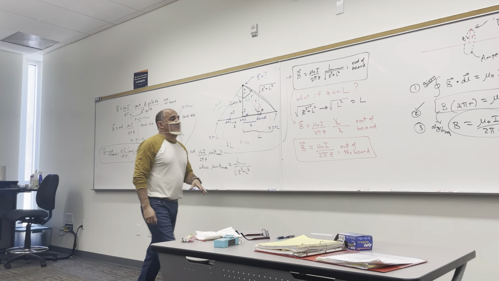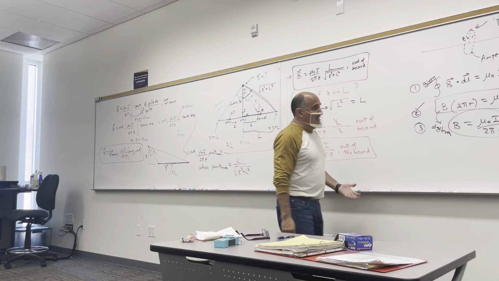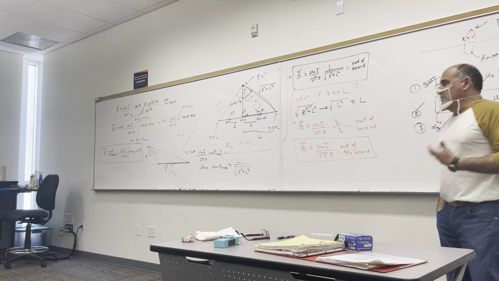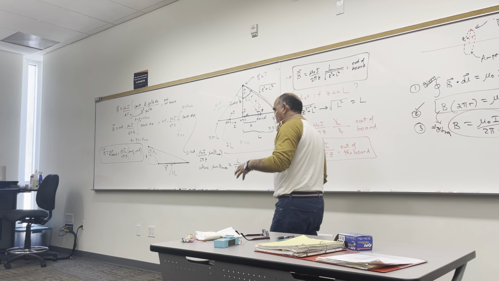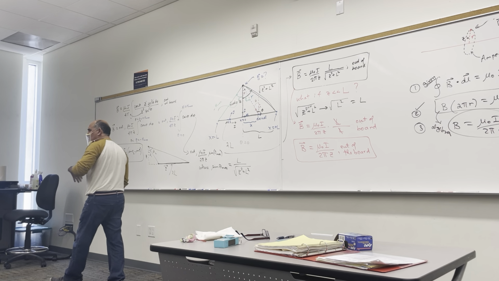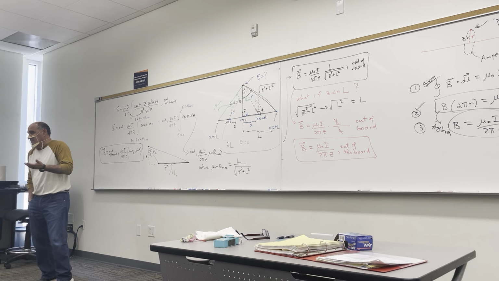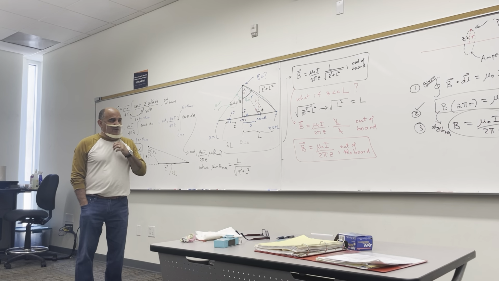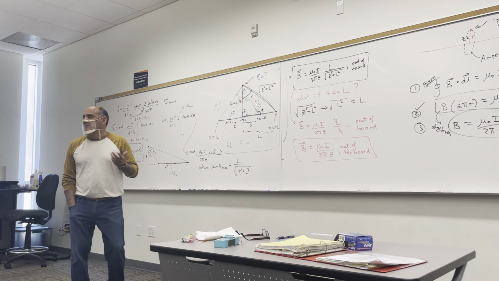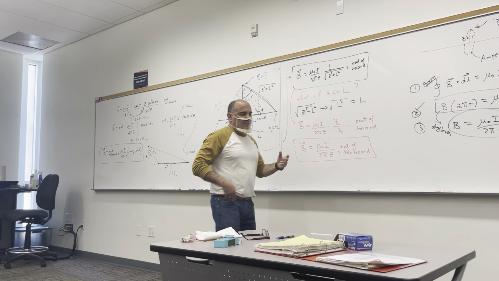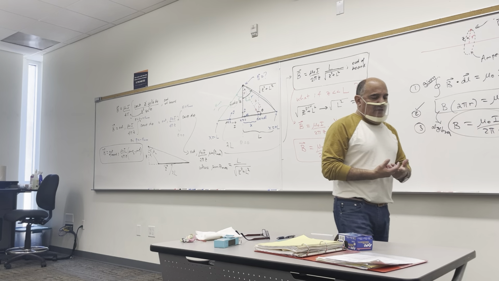I like to talk about this other technique for calculating magnetic fields generated by constant current, but again, it's practical only in some cases. Like Gauss's law was only practical in some cases. Ampere's law is only practical in some cases. In the case of Gauss's law, we imagined a closed Gaussian surface.